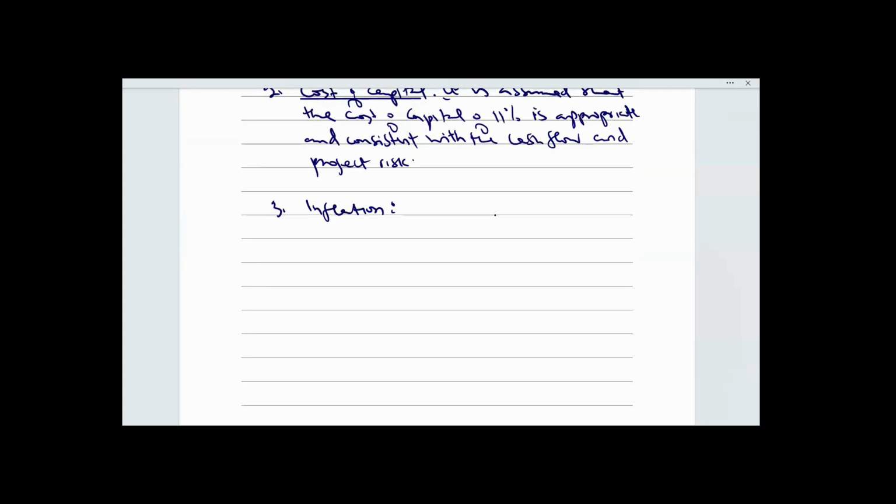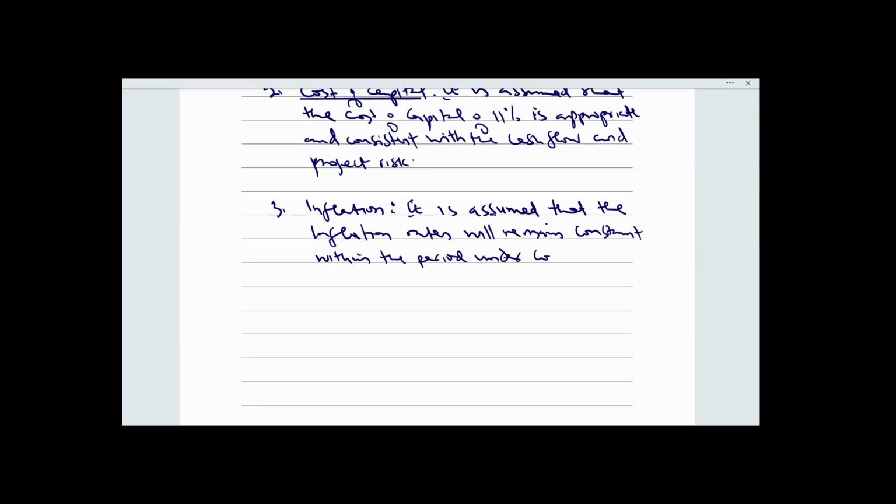So our assumption is that it is assumed that the inflation rates, the specific inflation rates, will remain constant within the period under consideration.